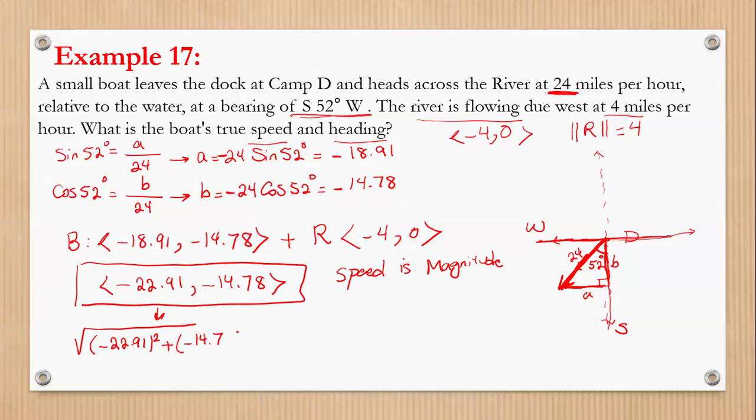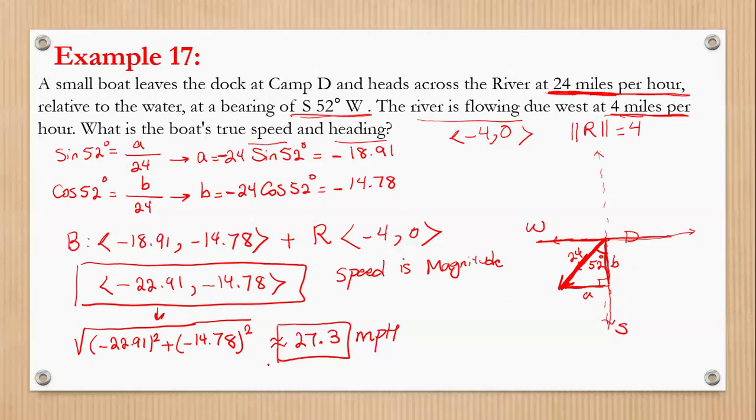And for sure, I need a calculator. Square these numbers, add them together, and then take the square root. And the result will be approximately 27.3. And that's the speed, in miles per hour, because the speed was based on miles per hour for both the river and the boat. So that's the true speed now.